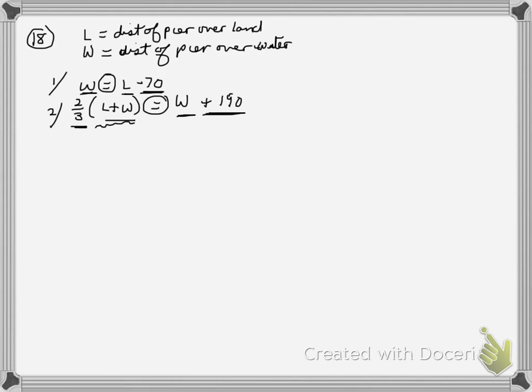And that reads out pretty clearly, hopefully. And then they ask you, so you'll solve for W and L, but notice the question. It says, find the total length of the pier. So we'll have to add them together to get our final answer. Now because of this first equation, this is very conducive to solving by substitution.